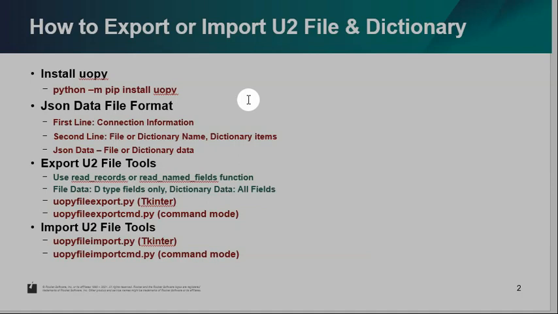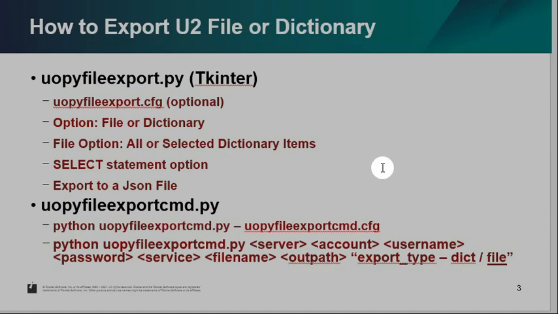For the export, there are basically two programs: one using the Tkinter GUI interface, the other in command mode. Same thing for importing a U2 file. These 2 files have so many options.